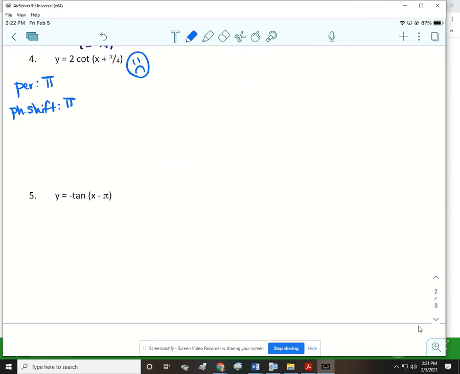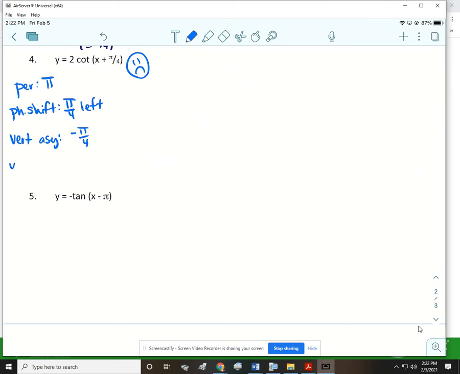It's going to shift pi over 4 to the left. That shift is going to affect my vertical asymptote. So instead of the vertical asymptote happening at 0, it's going to happen at negative pi over 4.